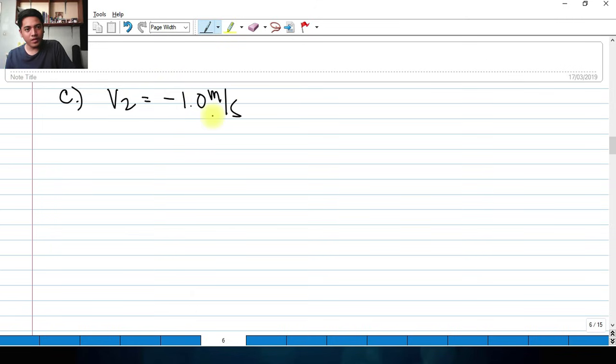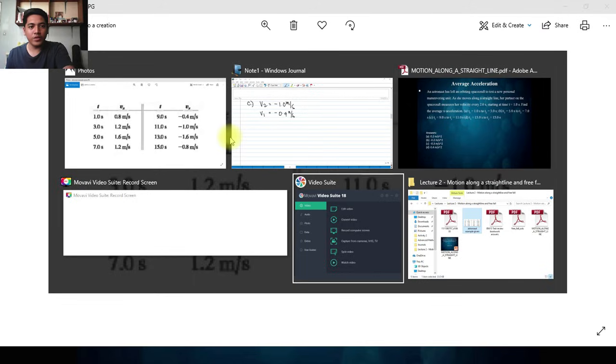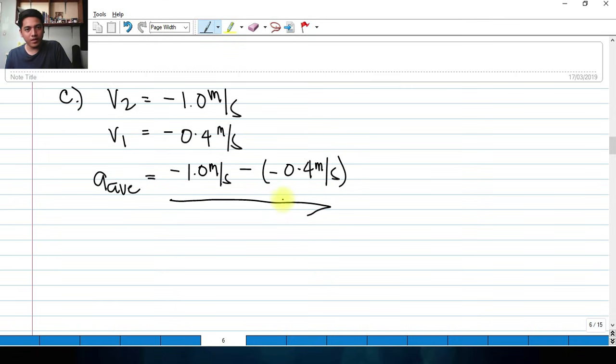v2 is -1.0 meters per second, and v1 is -0.4 meters per second, if I'm not mistaken. Okay? So if you wish to get the average acceleration for that, a_ave is still v2, negative 1.0 meters per second, minus the negative 0.4 meters per second, divided by the time interval, which is still 2 seconds.